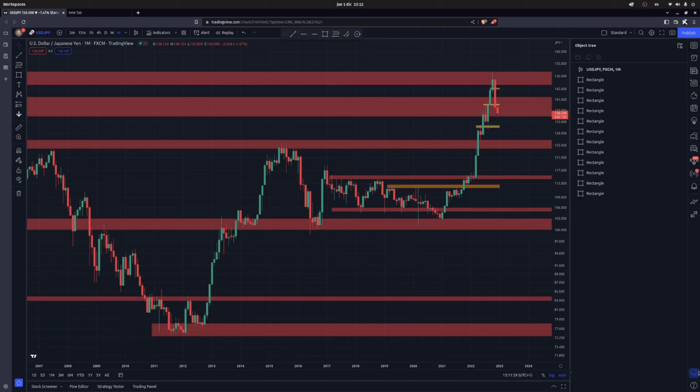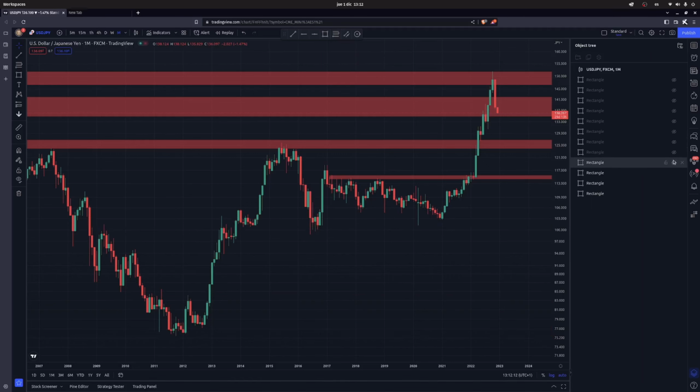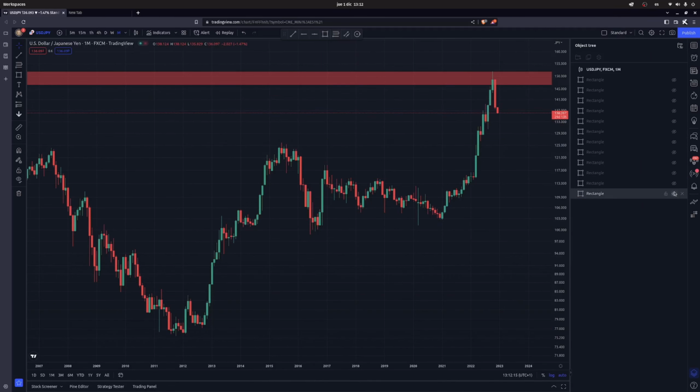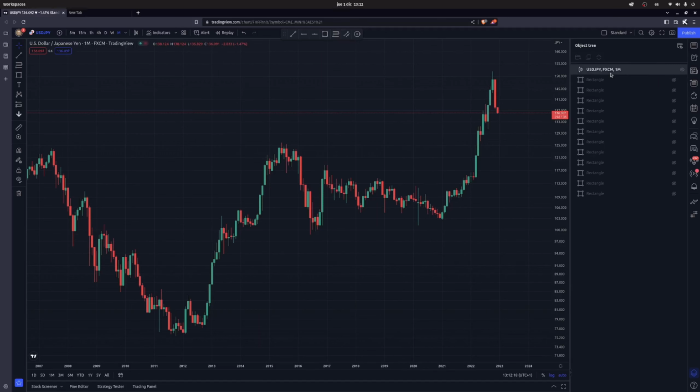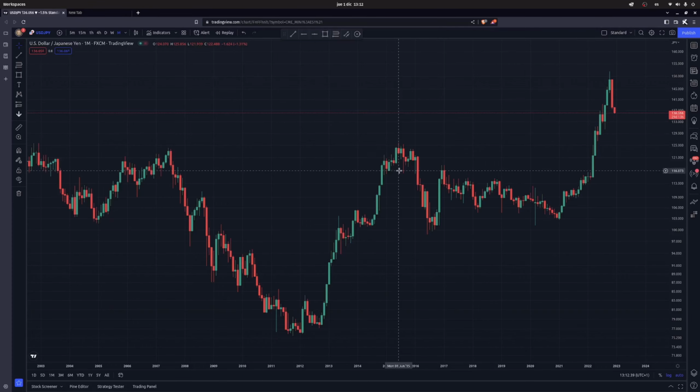If you go here to this tab, to the object tree, you can hide basically everything you don't want to be shown, and later you just toggle this and it shows up on the chart again. But just now, in order to have a clean sheet, let's hide those.